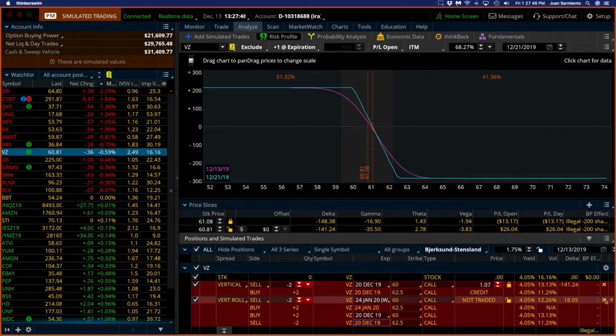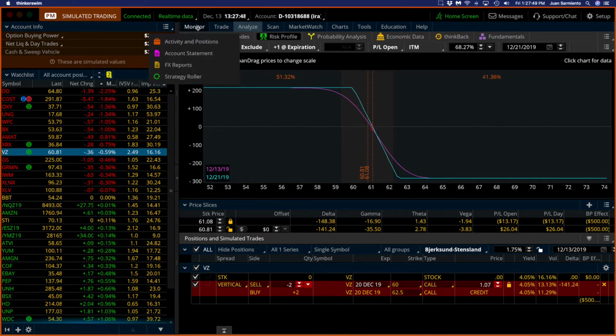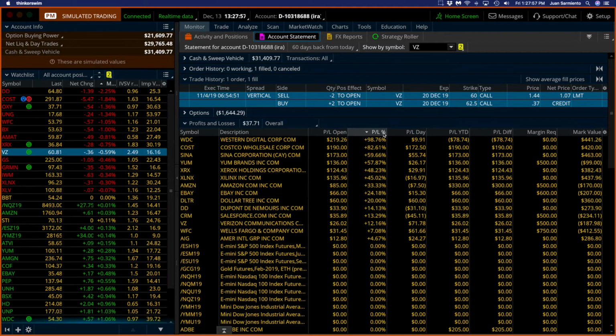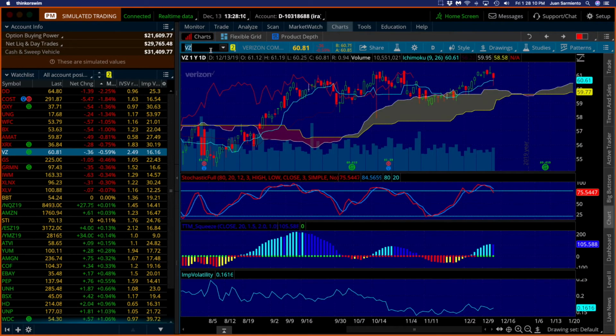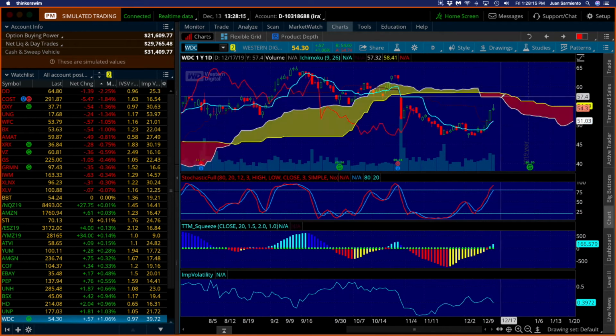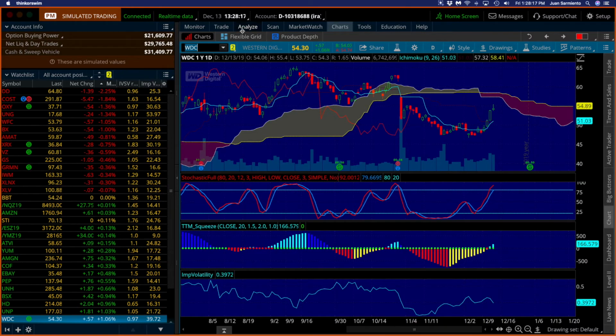All right. Let's go back to the monitor account statement, and here you can see the P&L percentage. Click on that a couple of times until they're in order, and you see that Western Digital is very close to 100%, 219 today, $9. Let's take a look at the chart, WDC, and it looks like it has room to go up.